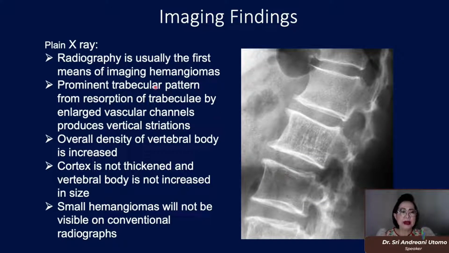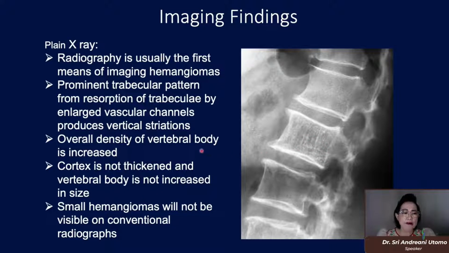So, imaging findings in plain X-ray. Radiography is usually the first means of imaging hemangioma. There is a prominent trabecular pattern from resorption of trabeculae: usually the horizontal trabeculation is resorbed, and then large vascular channels produce vertical striation.